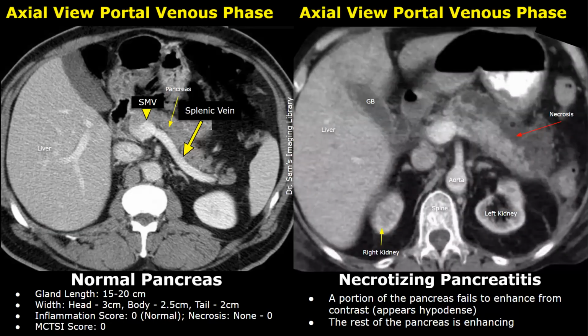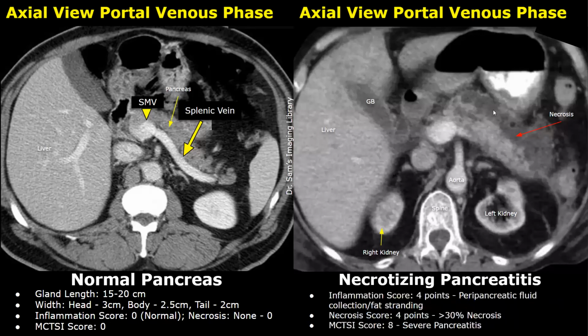Here is another case of necrotizing pancreatitis. The pancreas is enlarged. Within the pancreas, you can see this enhanced area, while the rest of the pancreas is not enhanced. This area indicates necrosis.